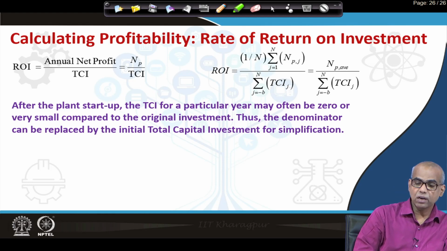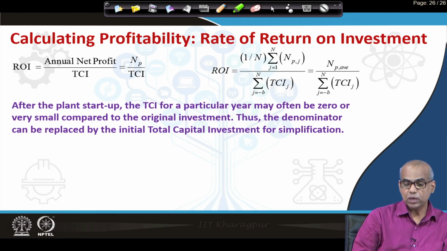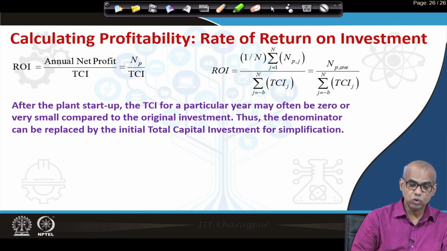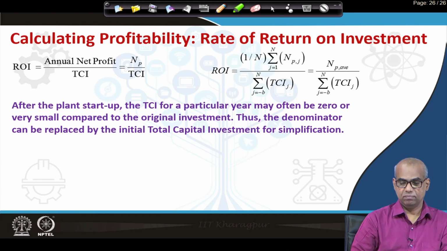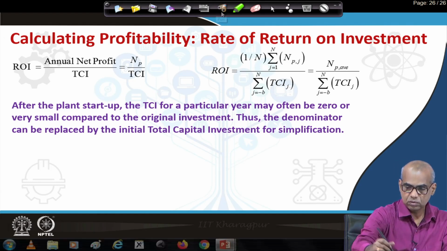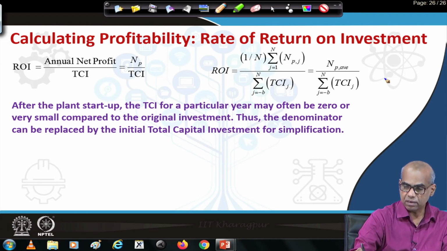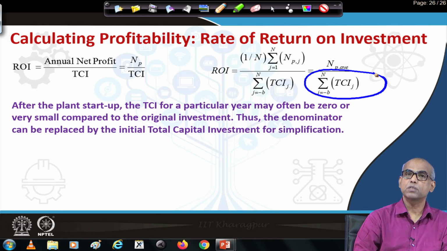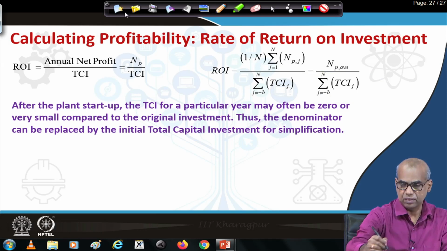After the plant startup, the total capital investment for a particular year may often be 0 or very small compared to the original investment. So, this denominator may actually be replaced by the initial total capital investment for simplification.